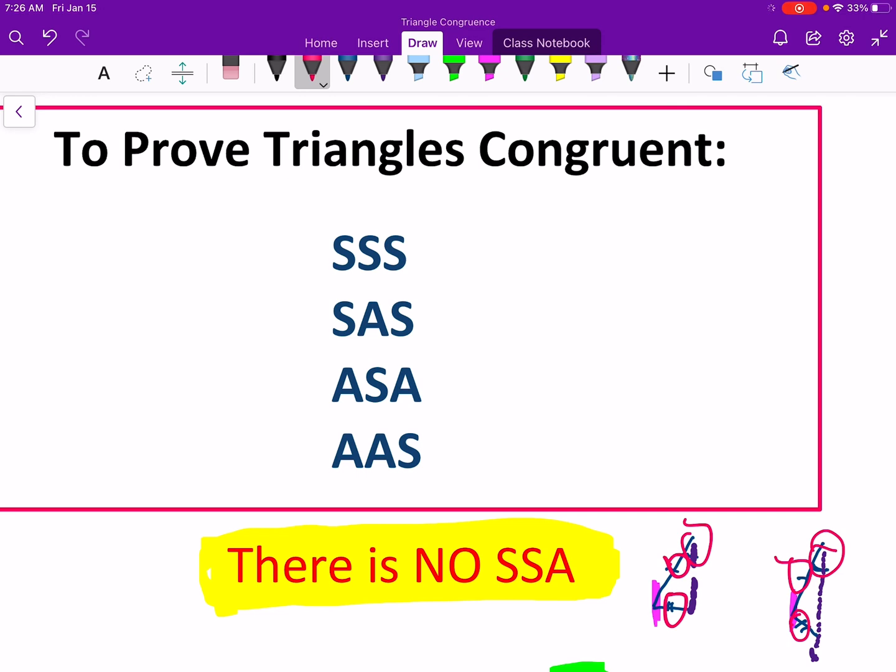So this does not work. There is no SSA postulate or theorem.